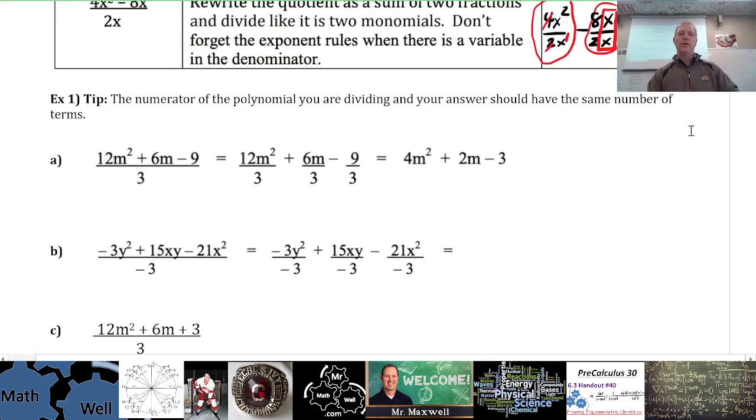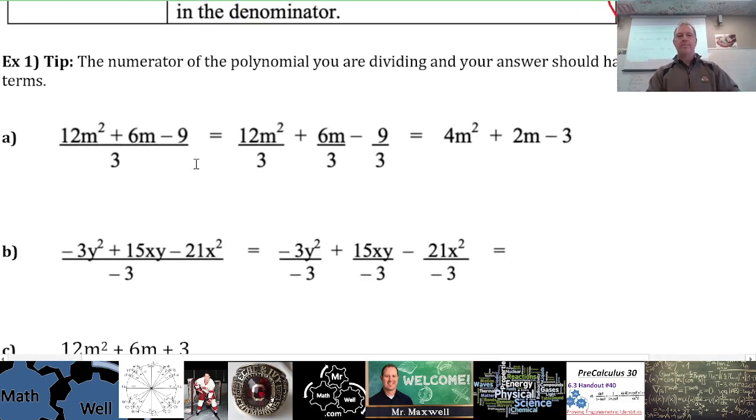So what we're going to do is we're going to split each one of these division problems here into separate division problems, just like we did, and then we'll answer those. So here the first one's done for you all the way through. So let's take a quick look at that. If I have this trinomial divided by a monomial there, I'm going to split that up into 3 separate divisions.